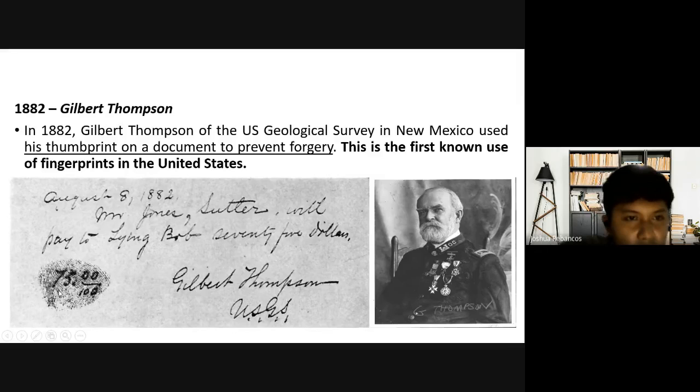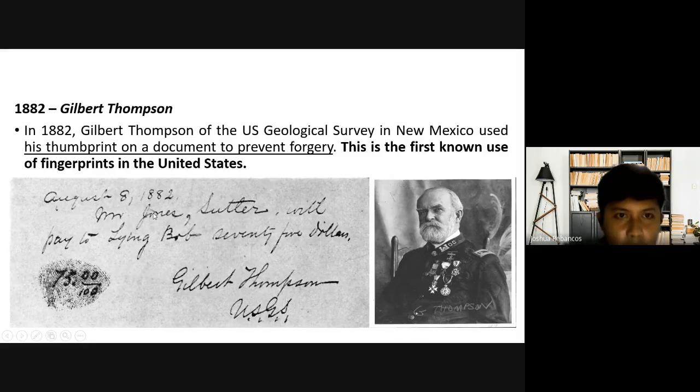Pero papansin niyo ang thumb na ginamit dito is whorl. Ay, plain arch. This is a plain arch. Pero hindi natin sigurado kung galing ba ito sa kanyang kaliwang kamay o kanang kamay.